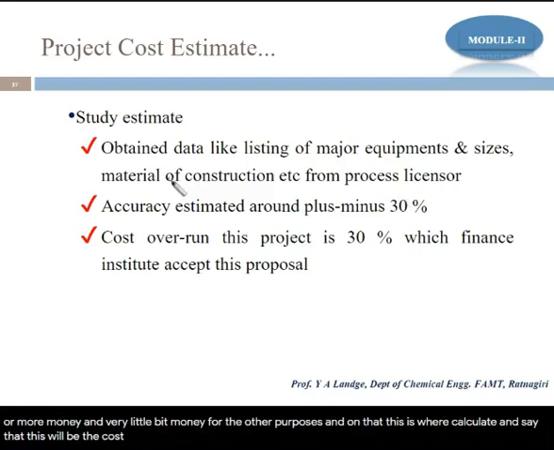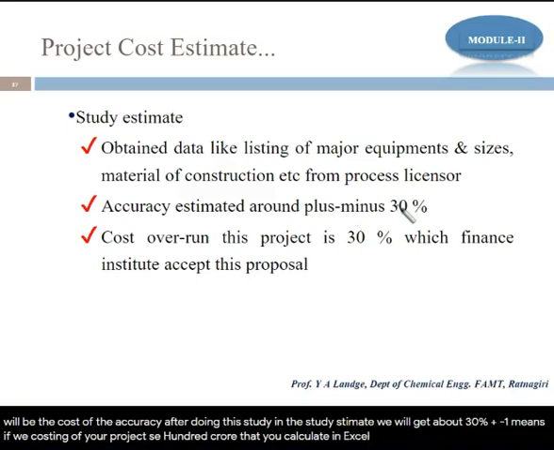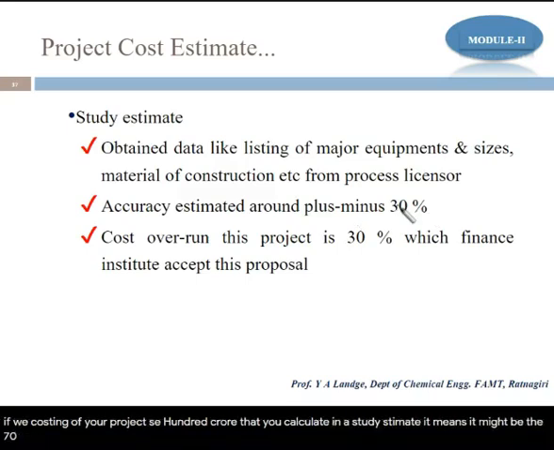Now the accuracy after doing the study, in the study estimate, we will get about plus or minus 30%. It means if the costing of your project, say 100 crore, that you calculate in a study estimate, it might be 70 crore or it might be 130 crore.